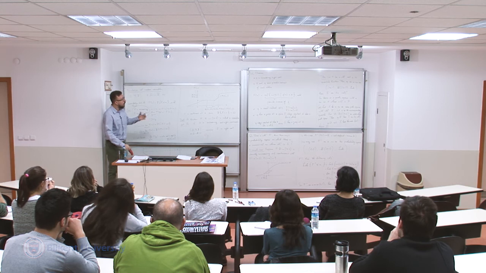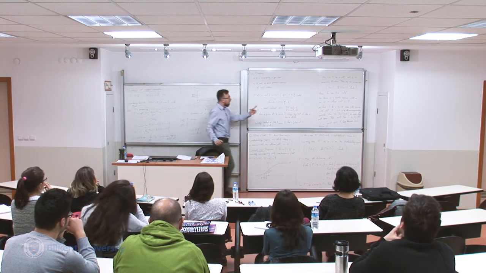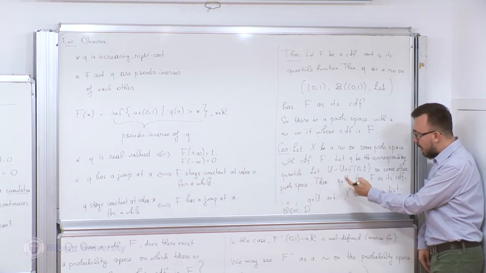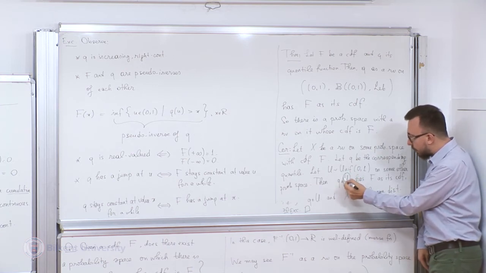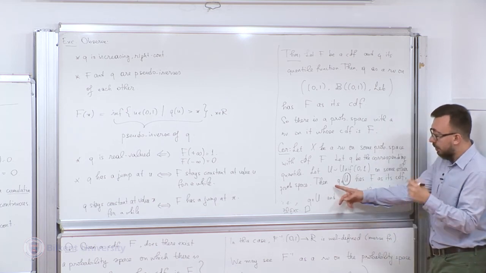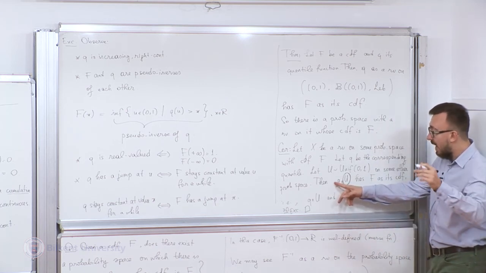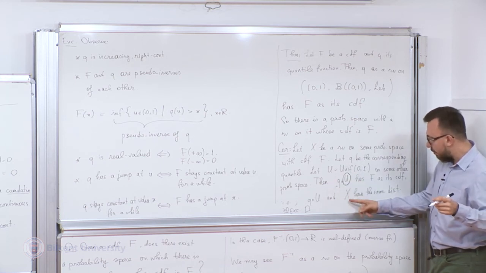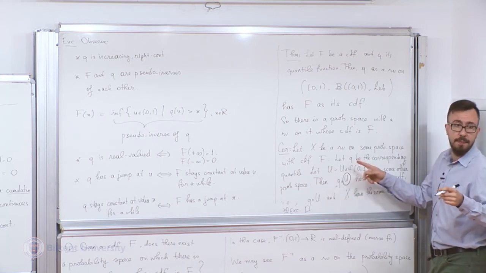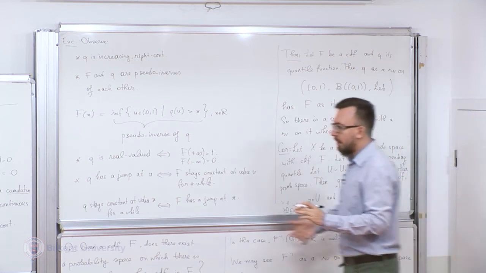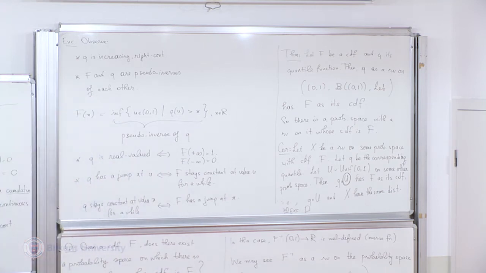Then all you have to do is apply the inverse function of F to those uniformly distributed numbers. So if you can generate uniformly distributed random variables, all you have to do is apply the inverse function or the quantile function of your desired cumulative distribution function. Then this is going to have the same distribution as X, as the CDF F.